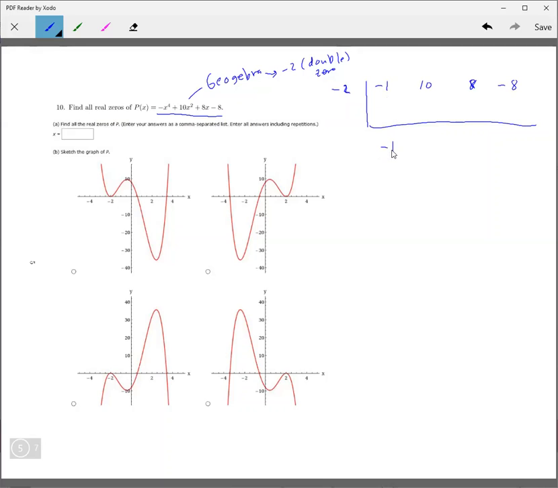Like that. So bring on the -1, multiply, that's 2. Add, that's 12. Multiply, that's -24. Adding gives you negative... Something's wrong.